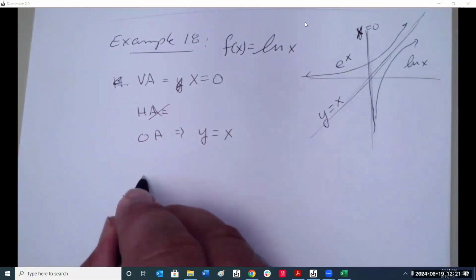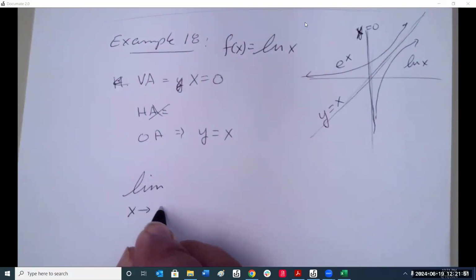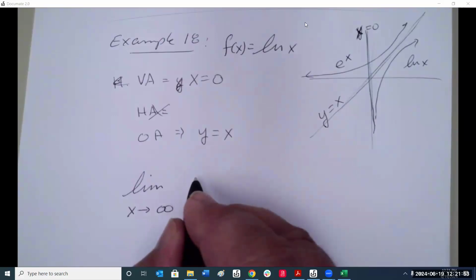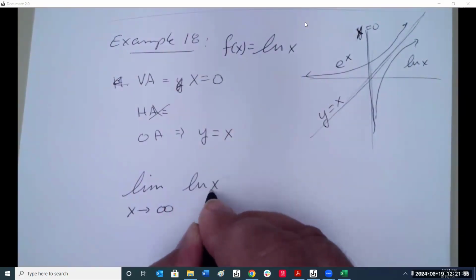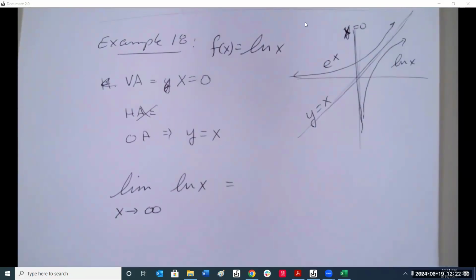So looking at this, as x goes to infinity, where is our function going?